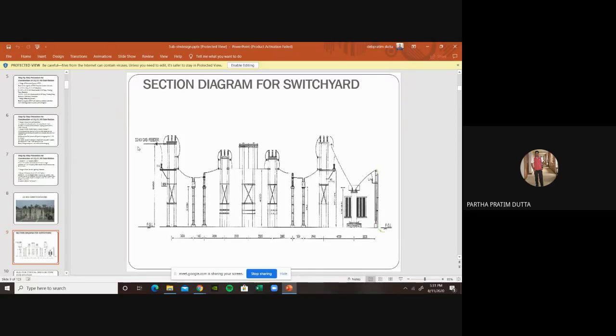It is coming from a 132 by 33 kV grid substation, and this 33 kV feeder is being fed to 33 by 11 kV substations. Once it is done, there is an LA, lightning arrestor, which protects against all the lightning surge being introduced to the 33 kV switch yard of the substation.